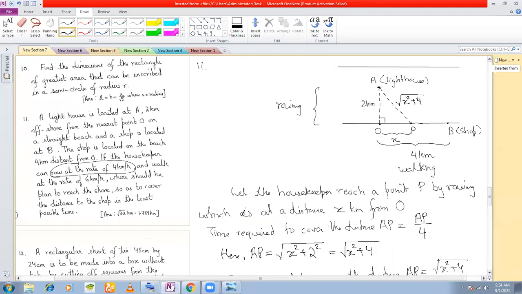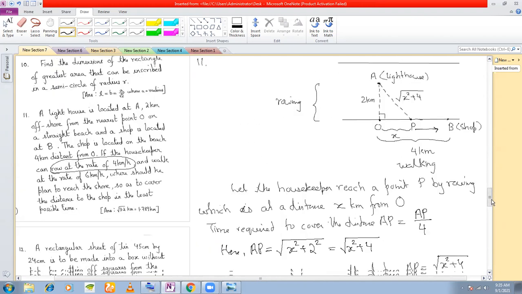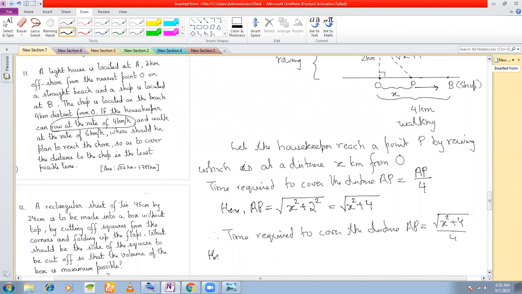Now he has reached P. From P he is walking towards B. So what is the time required to reach from P to B? The distance PB divided by the speed. PB here is 4 minus x.